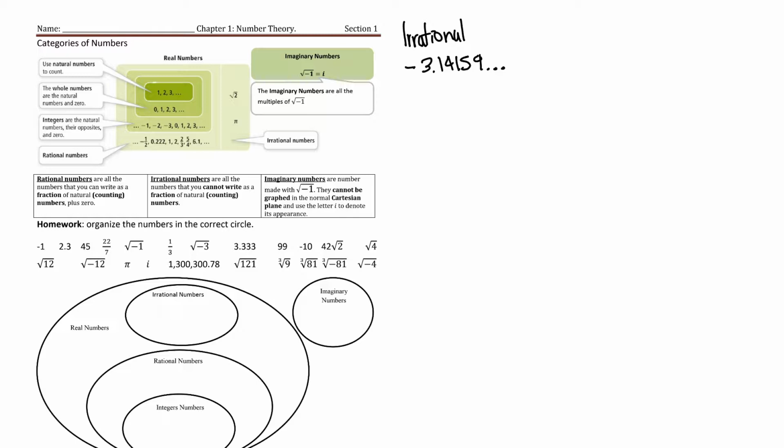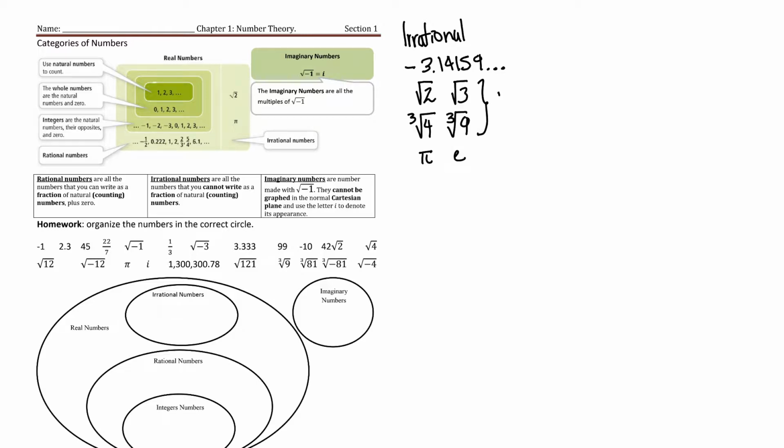Okay? So most of the time, things like the square root, the cube root of the same numbers, and numbers like pi and e are all irrational numbers. Now when I say irrational numbers, not all square roots are irrational numbers.